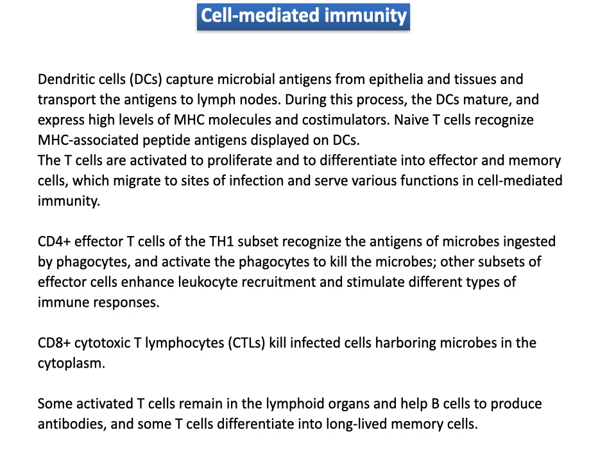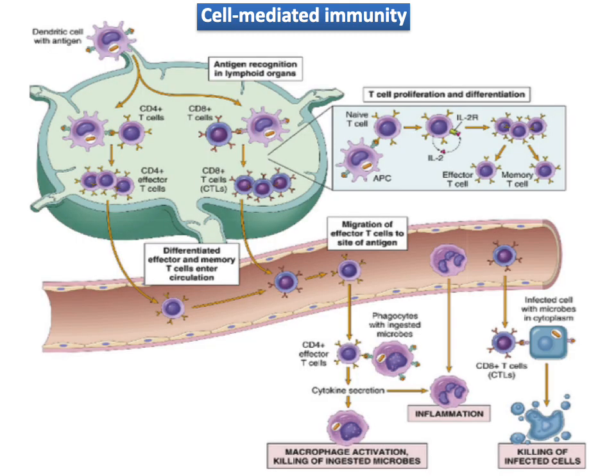Now, CD4 lymphocytes serve to interact with dendritic cells that express antigens on their surface. And once the CD4 positive T cell reacts together with the dendritic cell with its processed antigen, the CD4 positive T cell will secrete cytokines. So that is essentially cell-mediated immunity.